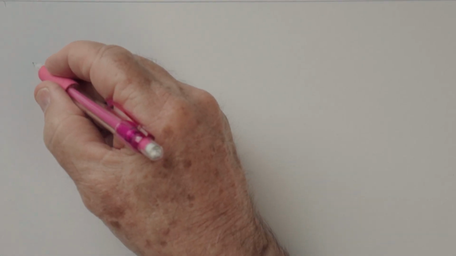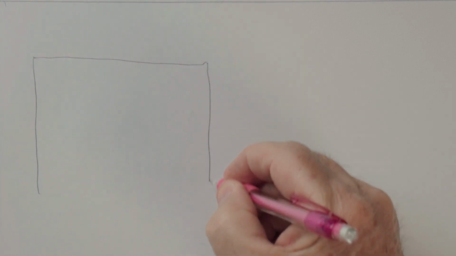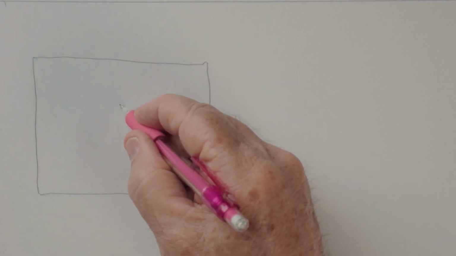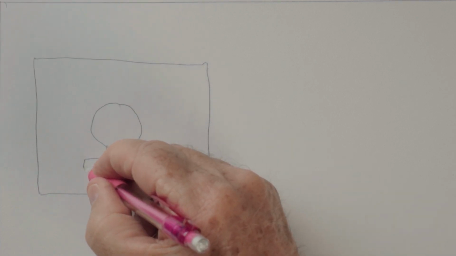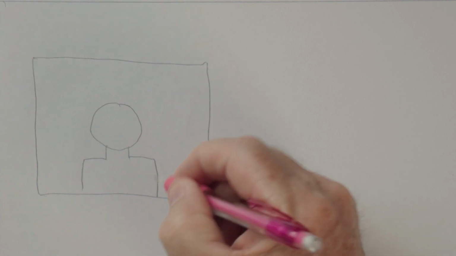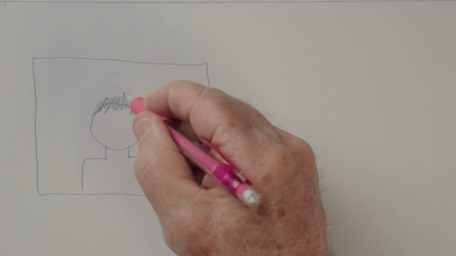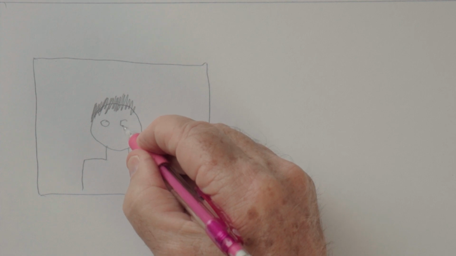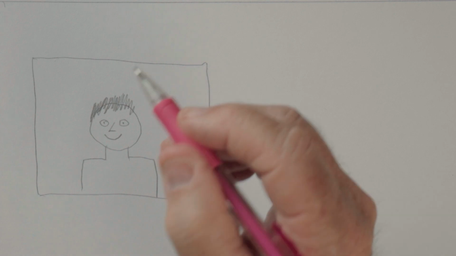Right, let's look at something a little more complicated. Let's start with our frame. And let's suppose that in the frame we've got a very pretty girl. She's got a lot of dark hair. She's got gorgeous eyes, sweet little nose and a very pretty mouth.